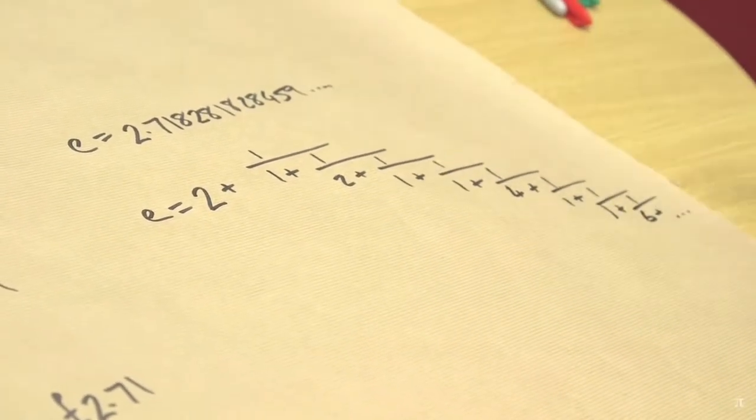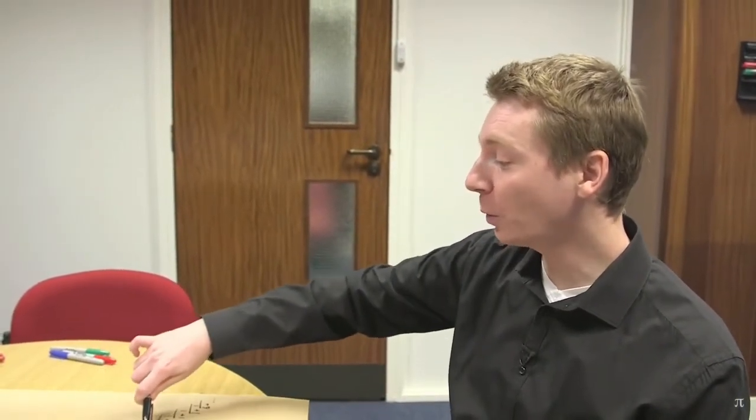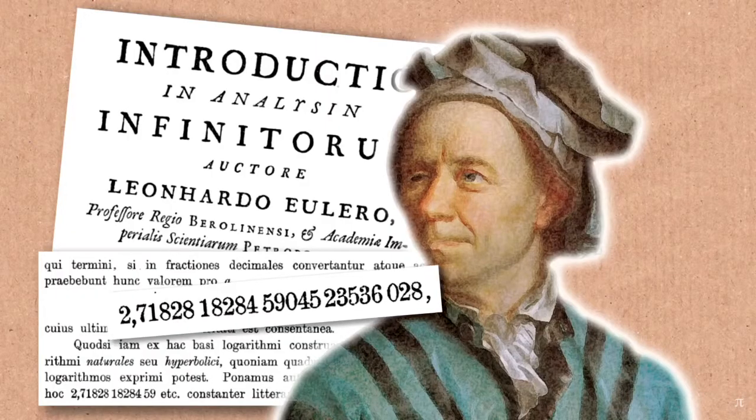This is a continued fraction, pretty cool, and you can see it goes on forever because there's a pattern: 2, 1, 1, 4, 1, 1, 6, 1, 1, 8. If the fraction goes on forever, it means it's an irrational number. If it terminated, you could write it as a fraction.